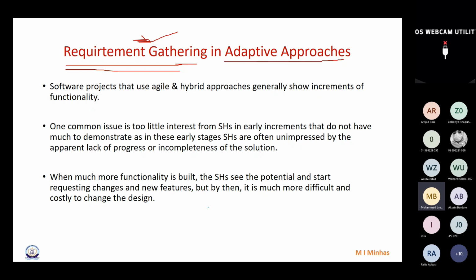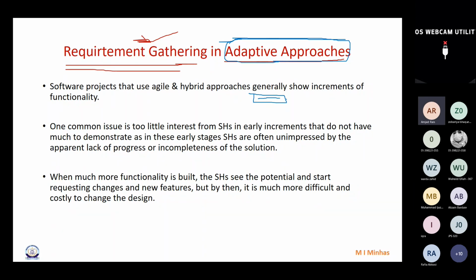We keep getting the requirements. That's why they are called adaptive approaches, because requirements are not very clear in the early stages of the project. So we plan things in small iterations, and we keep refining our requirements. I hope you remember that, right?